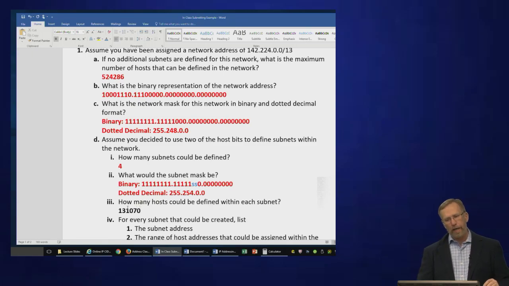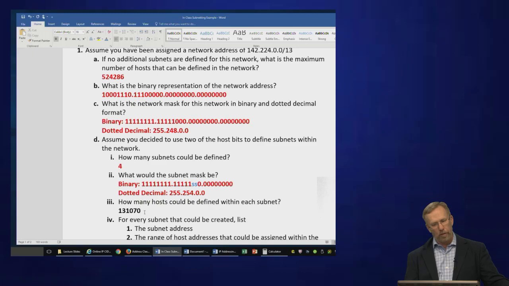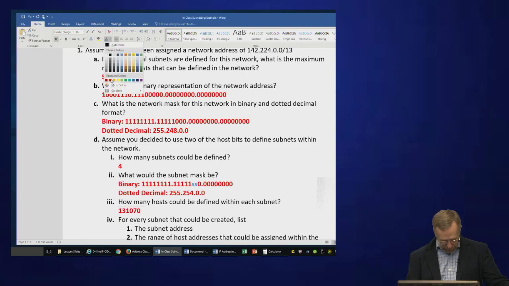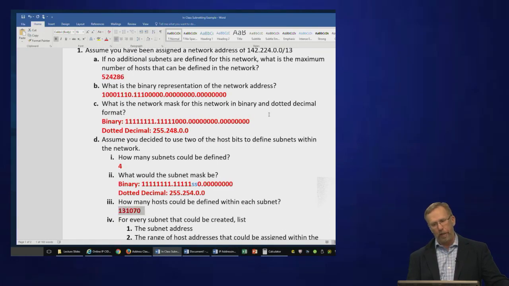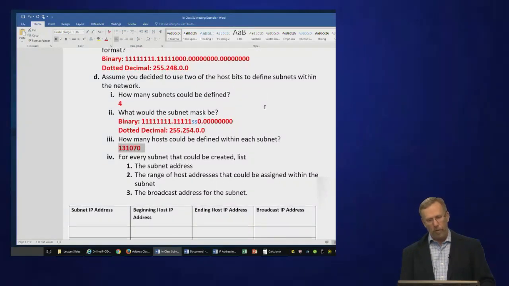So if you're doing it and you're getting fractional IPs on each subnet, you're doing it wrong. You can't ever have a fractional number of IPs in a subnet. So we have 131,070, which is still a really huge network, but that's what we decided to do.